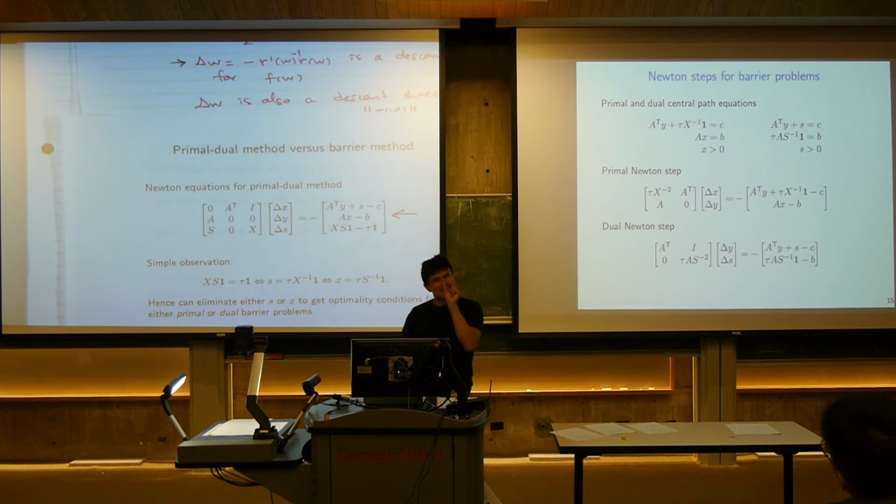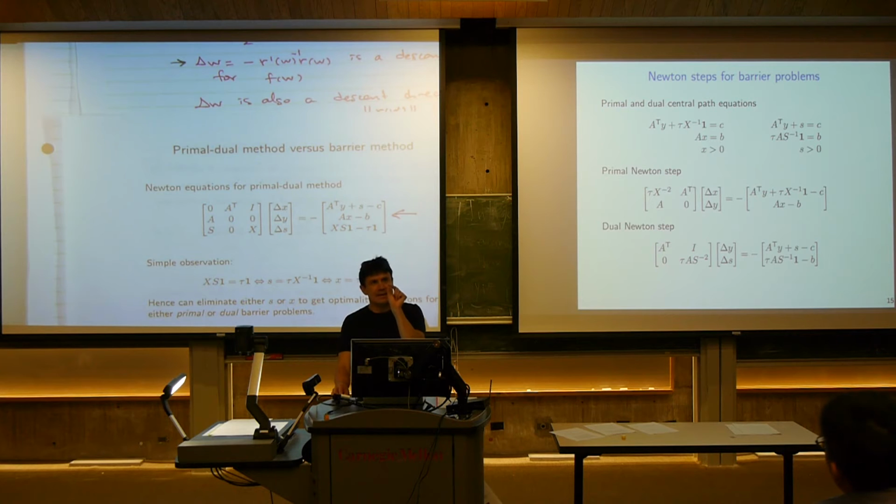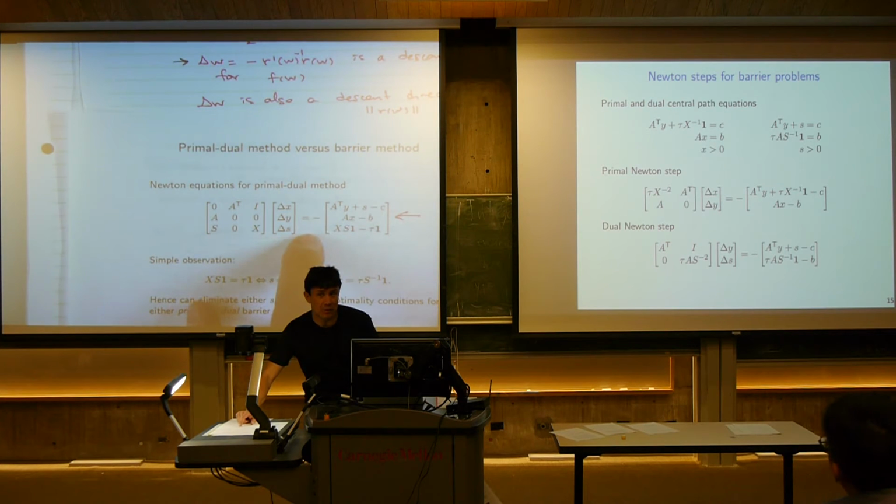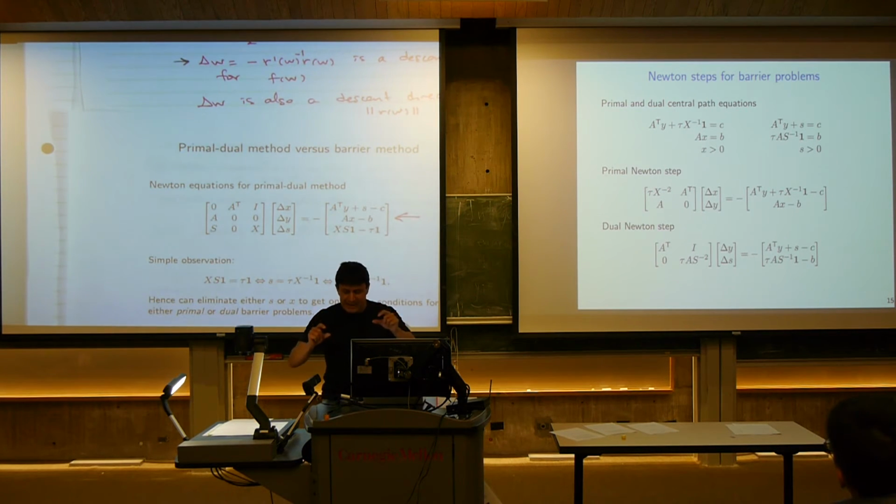It turns out, and this is a very, very key aspect of Primal-dual algorithms, the Primal-dual equations make the step, delta x, delta y, and delta s, depend on the previous x, y, s. So the primal and dual variables are very, very interdependent.